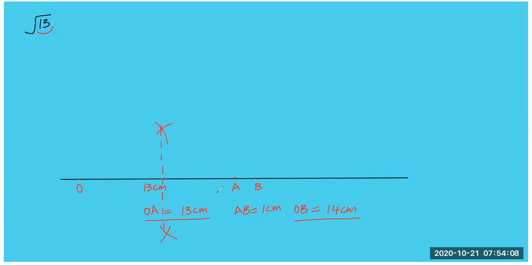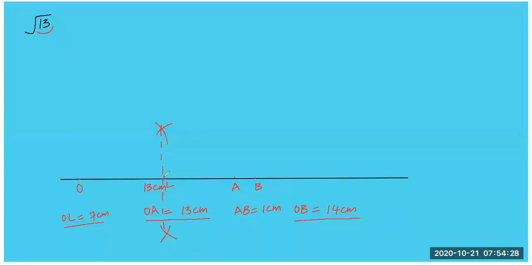Remember students, you don't have to find the center of OA, 13 centimeter. You have to find the center of OB. Let's say this point is L. So OL should be equal to 7 centimeter. OL is 7, LB is also 7 centimeter.